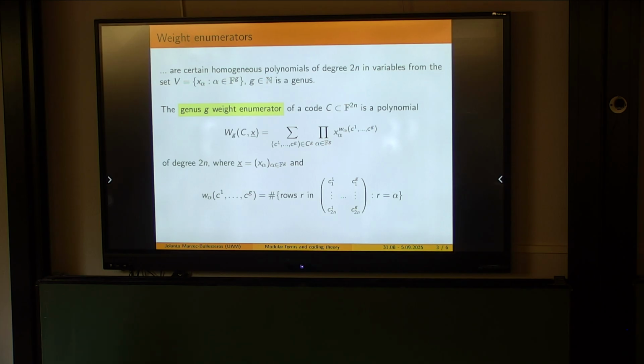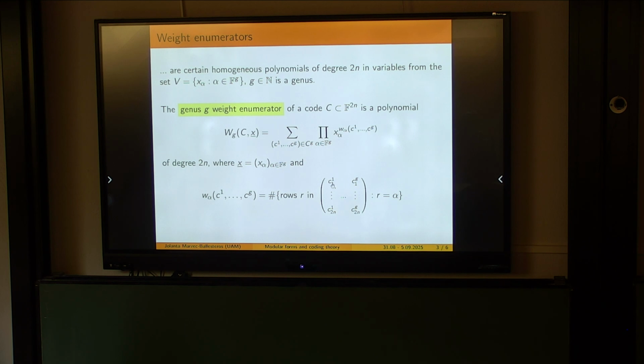So the genus G weight enumerator of a code C over a finite field F is constructed in the following way. We take G vectors in our code C. These are vectors, we put them as columns of a matrix.